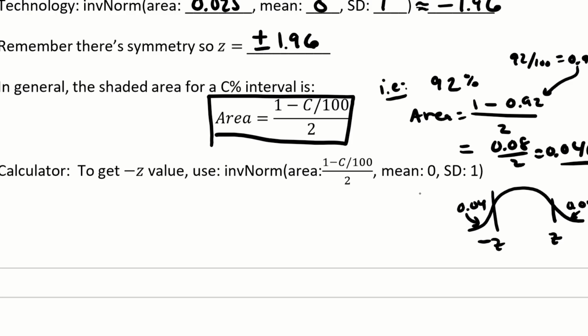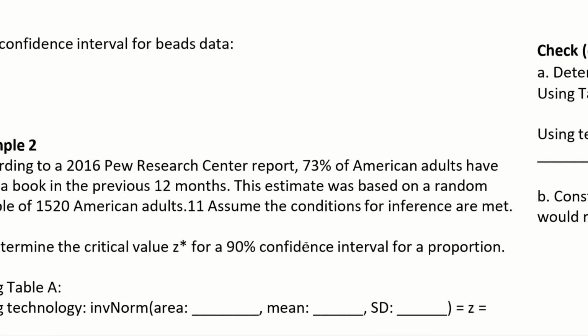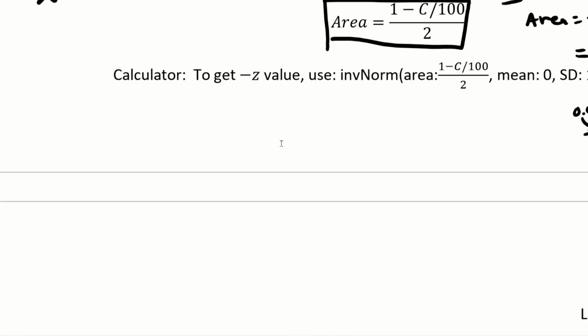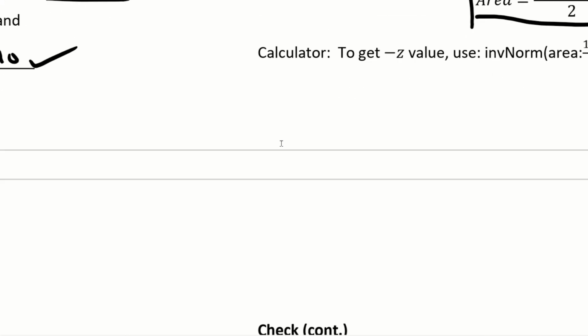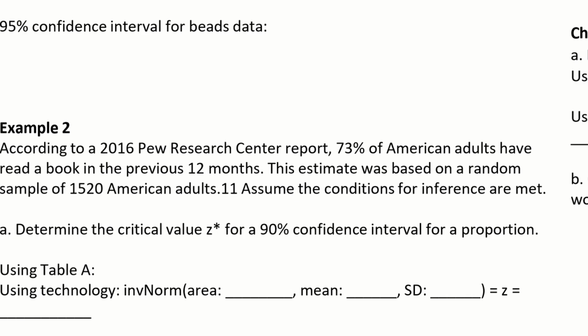All right, so I gave you two examples, one for 95% confidence, one for 92%. We're going to look at another example as well, just to give you an idea. But first, let's go to the 95% confidence for the beads data.